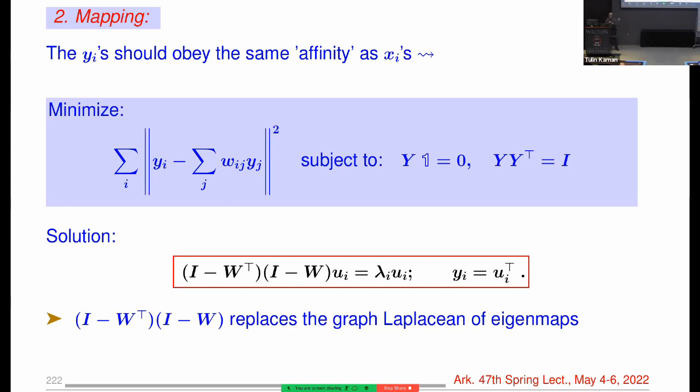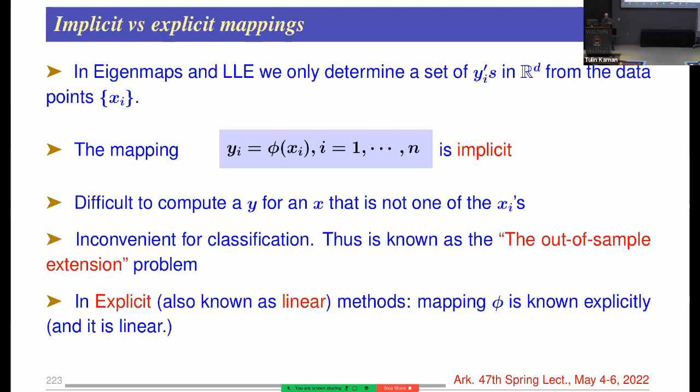But if I have a new data item and I would like to see if it's close to something or classify it, this would not be easy, because every time you'd have to solve this big eigenvalue problem. The matrix changes, everything changes. So it's not very practical. This is called the out of sample problem, or the out of sample extension problem.